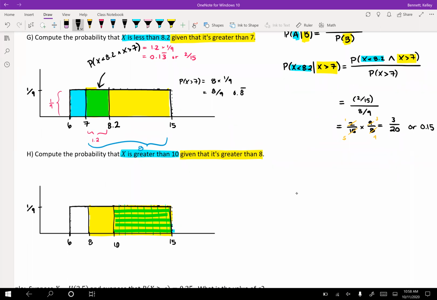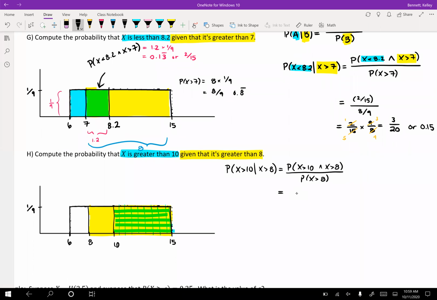So again, the probability that x is greater than 10, given that x is greater than 8, equals the probability that x is greater than 10 and x is greater than 8, divided by the probability that x is greater than 8. So let's start with x greater than 8. X greater than 8 is just the yellow region.